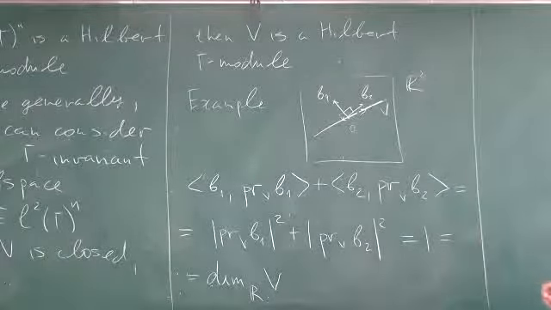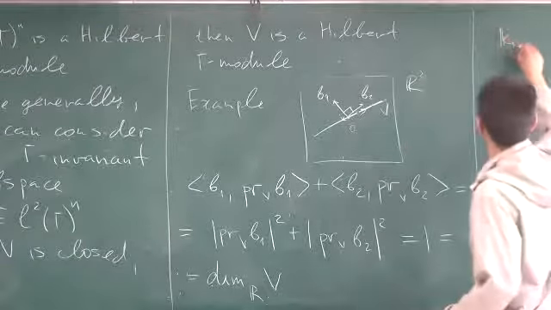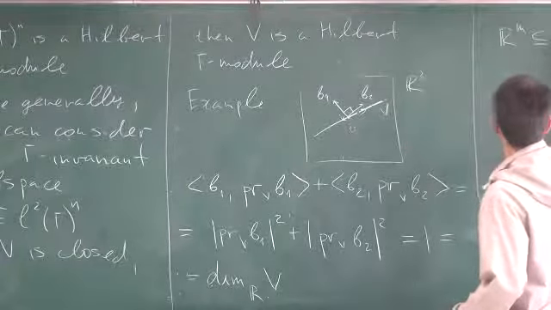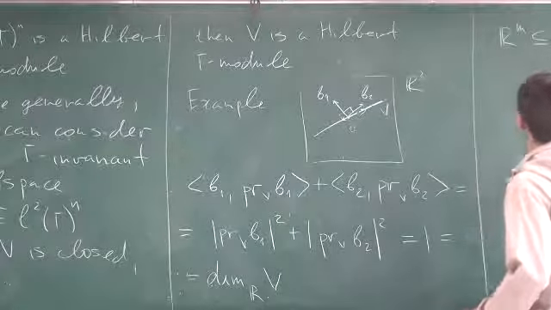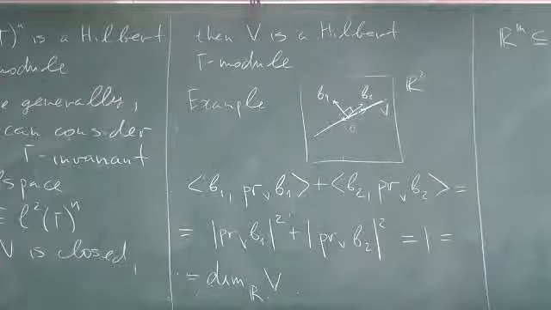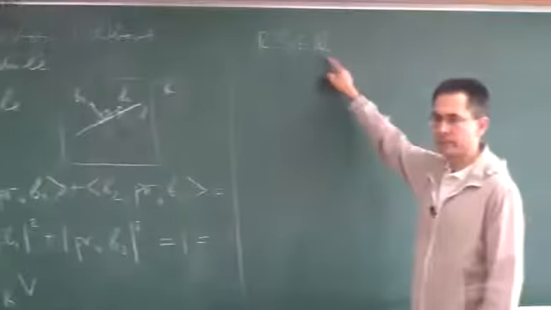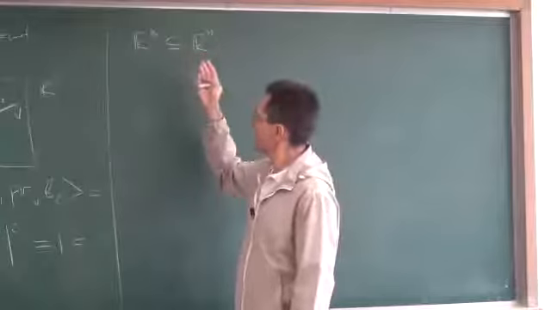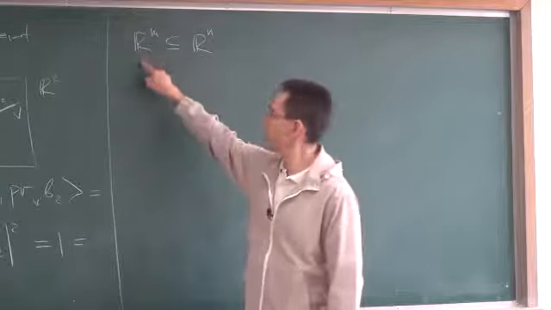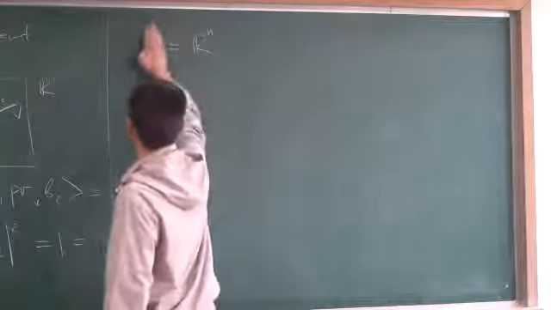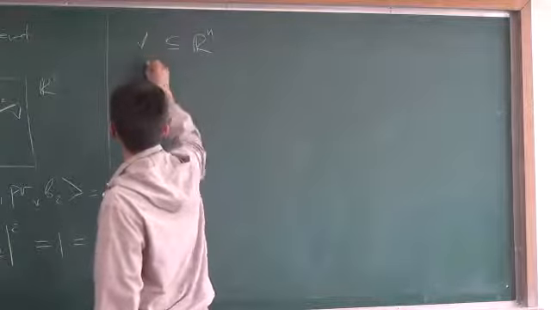This is an example of a more general fact. If I consider Rm, say, as a subspace of Rn, we can play the same trick. We could pick an orthonormal basis in Rn, and then each of those vectors we can project into this subspace. Let's call it V, which is isomorphic to Rm.